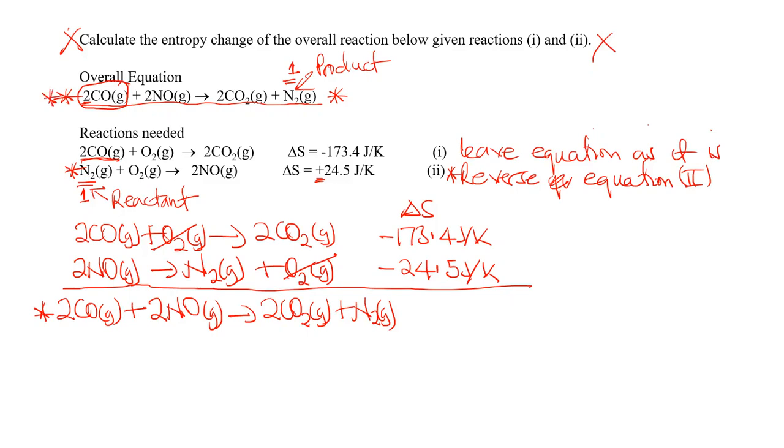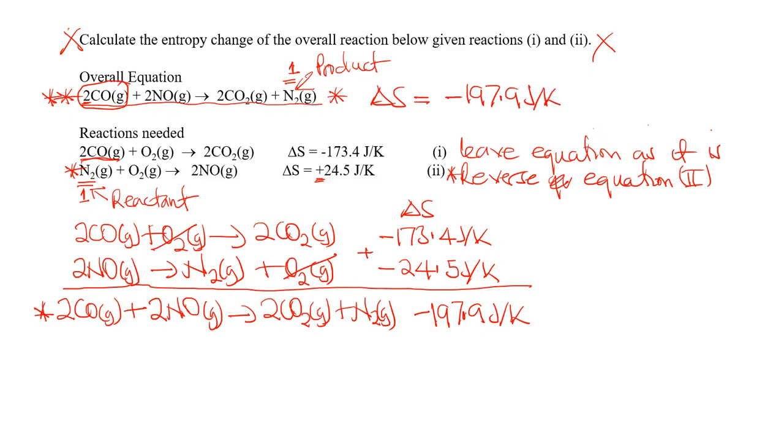How do we get the change in entropy? We just add the 2 here. So you add the 2 entropies and you are going to get minus 197.9 joules per Kelvin. So what we are saying is, for this overall chemical reaction, the change in entropy is equal to minus 197.9 joules per Kelvin.